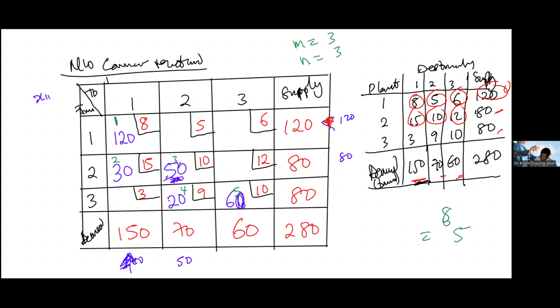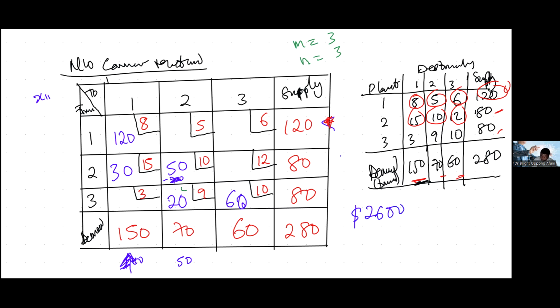So this is our initial solution. I have 30 here, 50 here, 20, and 60. The initial solution here will be 2,600. How?